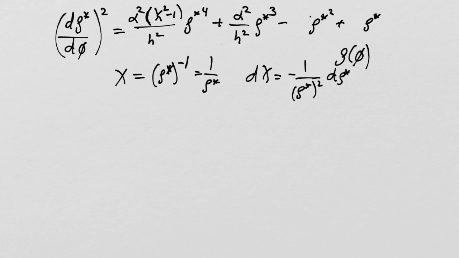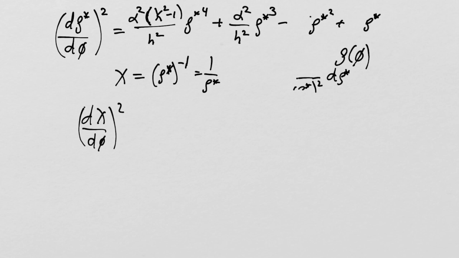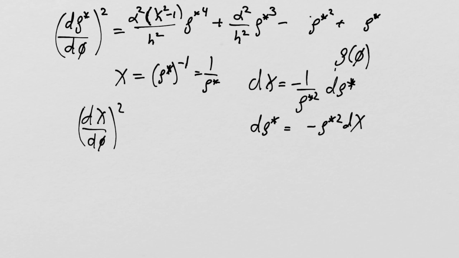And so when I do this on the left-hand side, I'm going to end up with d chi d phi quantity squared, and I'm going to have... whoops, I screwed that up. Obviously I had that backwards, didn't I? This is the expression I need.